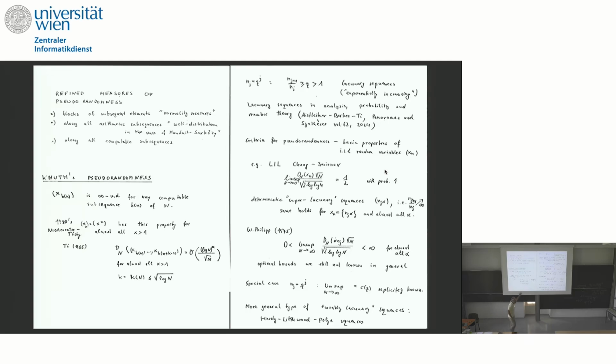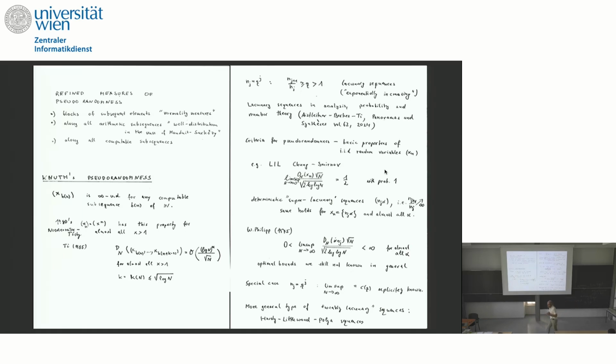I already mentioned normality, and Christian Mauduit and András Sárközy introduced normality measures and proved several constructions for this. I cannot give more details here. I only want to point out a very, very strong property for describing pseudo-randomness.